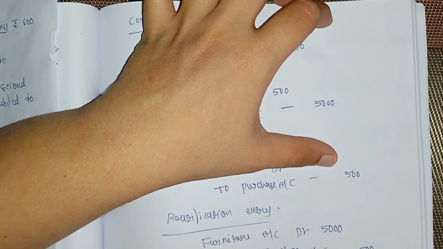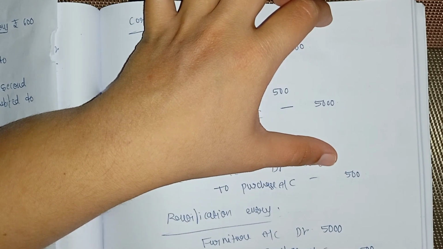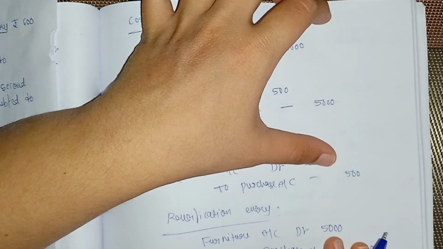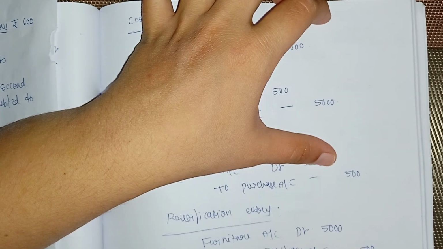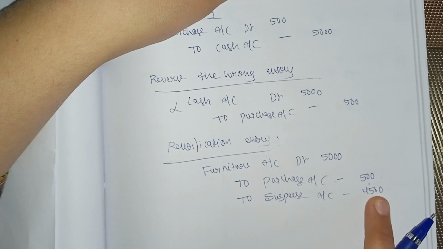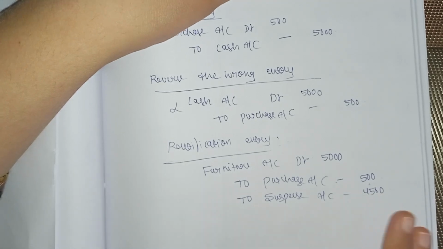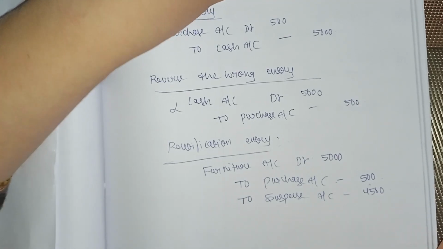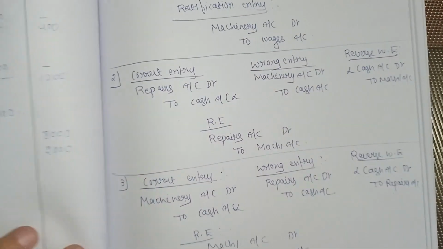Does debit equal credit? No, right? So we adjust this short recorded amount of rupees 4500 by using suspense account, which was completely omitted. Clear?